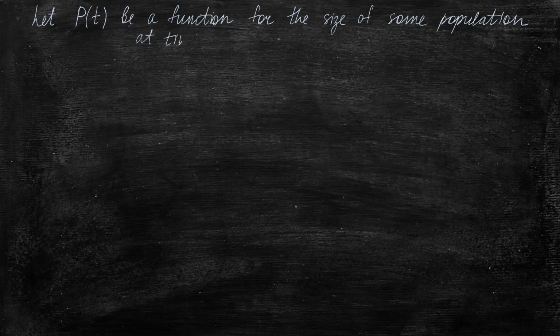The population can grow, decrease, or remain constant, but since we have a function, that function will have a graph.